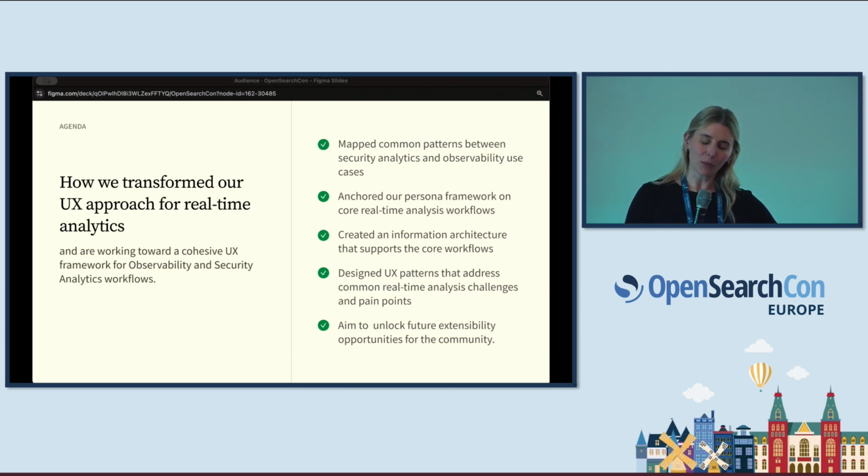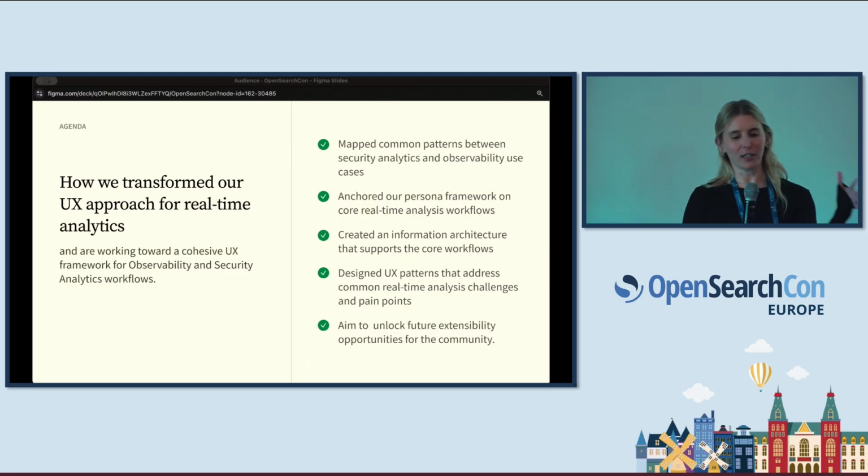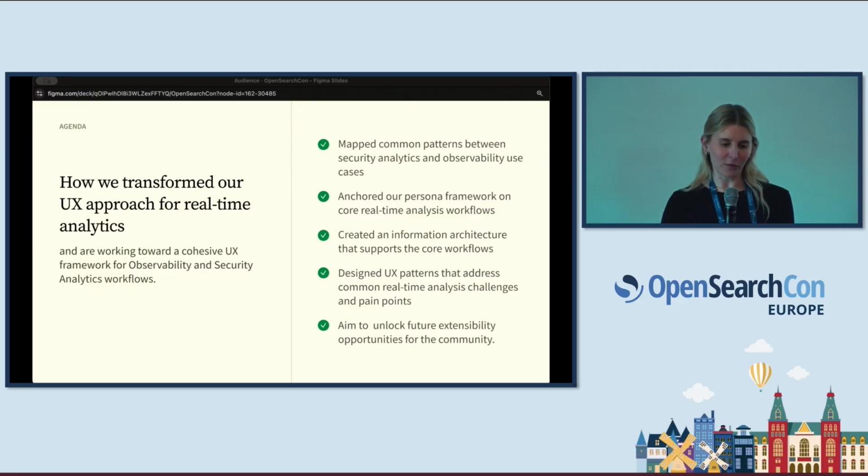We're going to talk you through our process, starting with how we mapped common patterns between security analytics and observability use cases, then pivoted from anchoring our persona framework on generalized producer and consumer roles to anchoring it on the core analysis workflows. We then created an information architecture navigation system for OpenSearch Dashboards that is better positioned to support these core workflows.